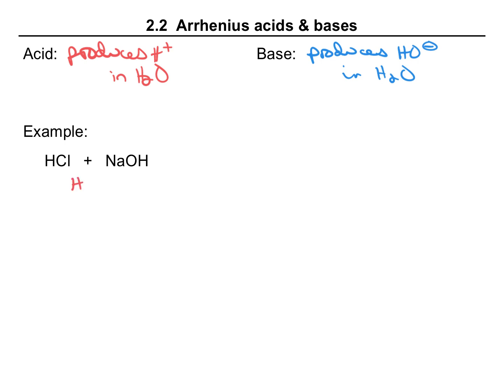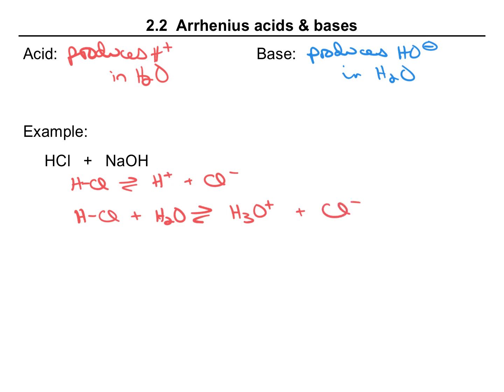When HCl is in water, it will dissociate to form H plus and Cl minus. That's one way to think about it. Or we could think of it that when HCl is in water, it will form H3O plus Cl minus.